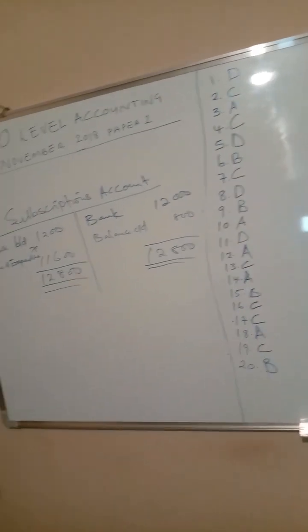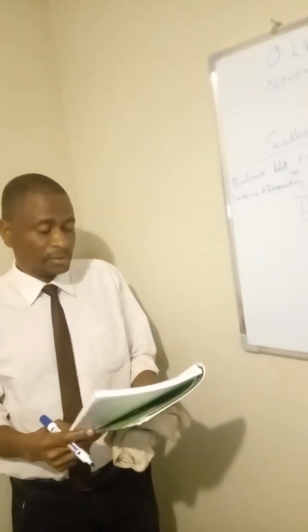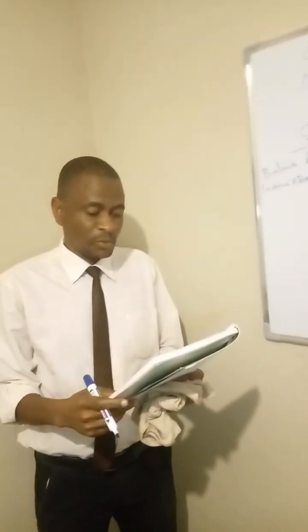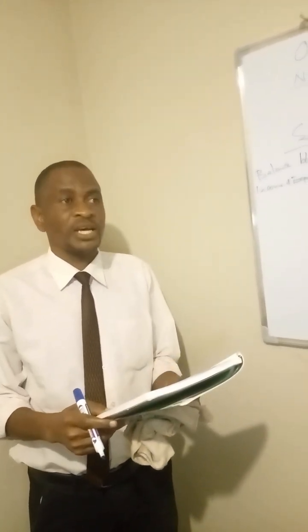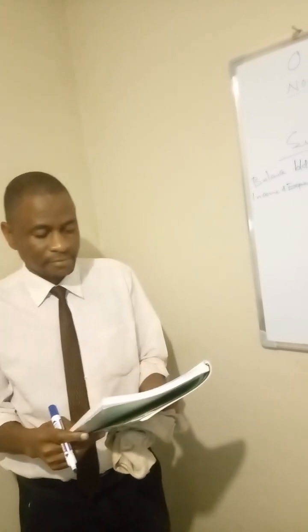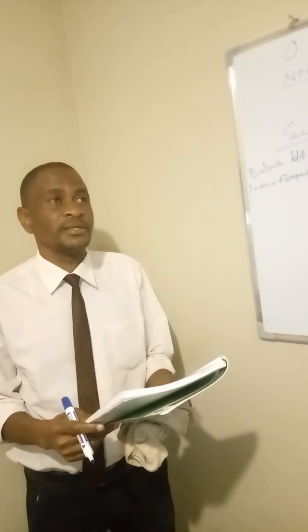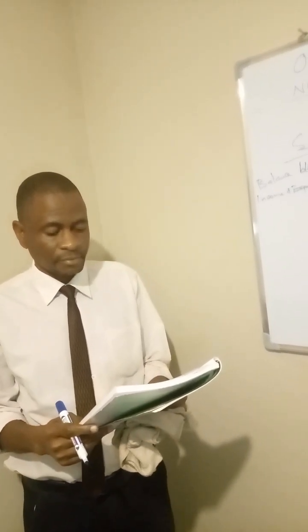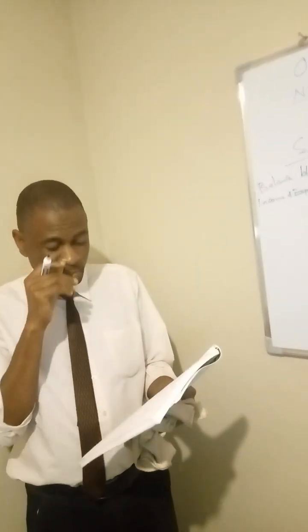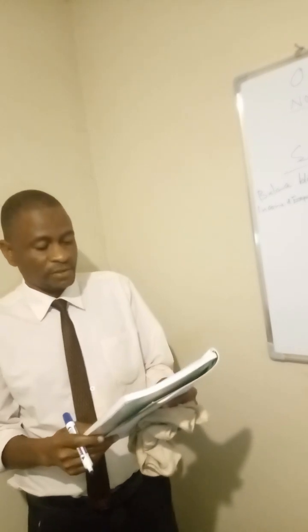On number 31, which items are part of direct costs? This is under manufacturing. A, depreciation on plant and patent fees. B, machinery repairs and royalties. C, manufacturing wages and factory insurance. D, royalties and hire of special plant. On A, the depreciation is not a direct cost, but patent fees is.